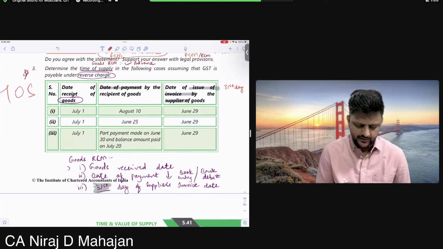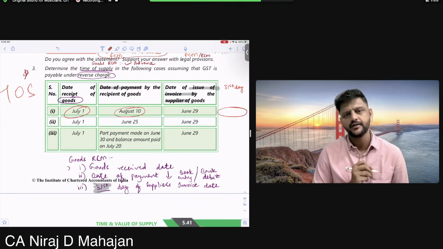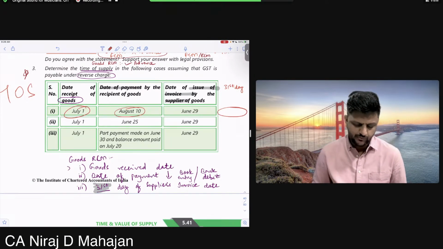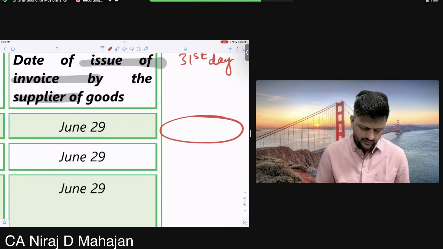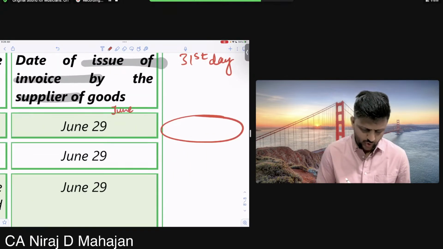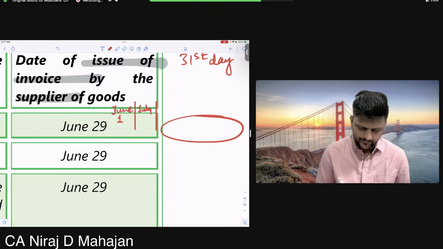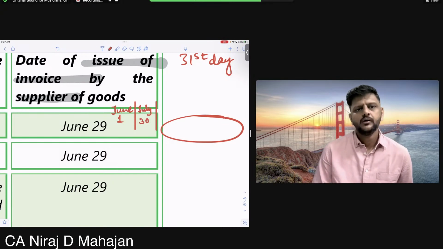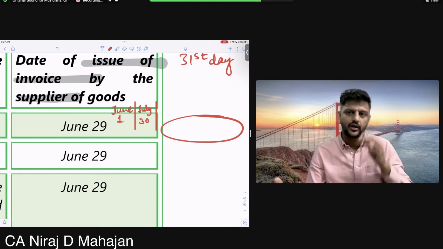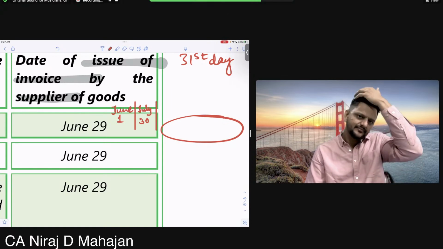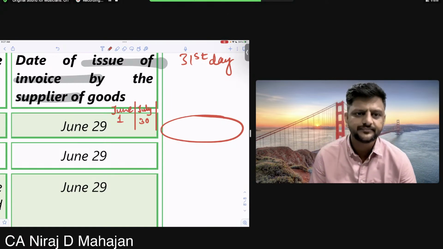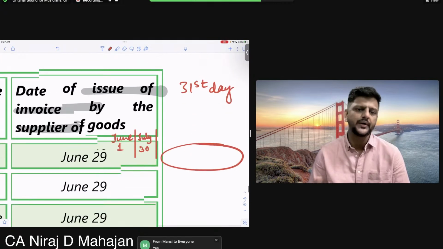So you can compare this date and this date. Understood? So 31st day from June 29. Supplier's invoice is 29 June.